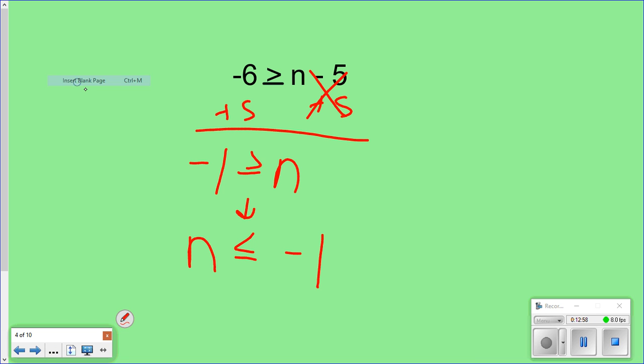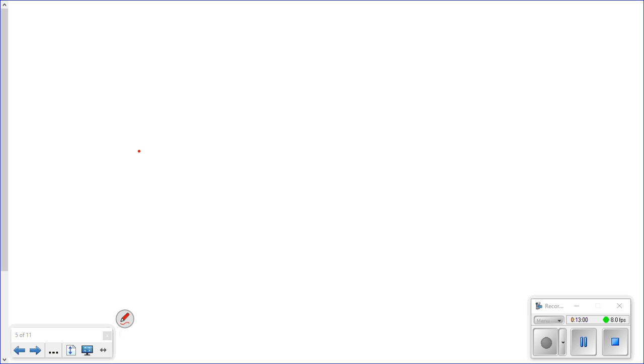All right, try this one. Let's do D plus 7 is less than or equal to 15. Solve it. Write it in inequality format. And then I want you to think of some things that D could be.